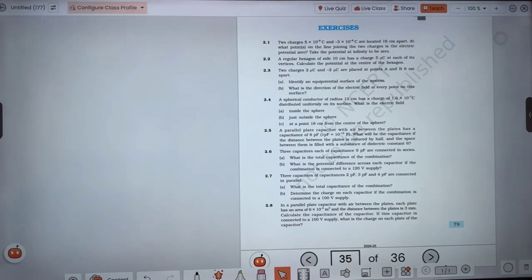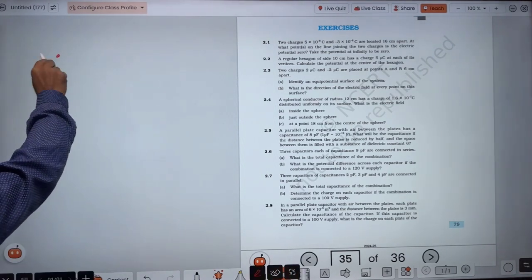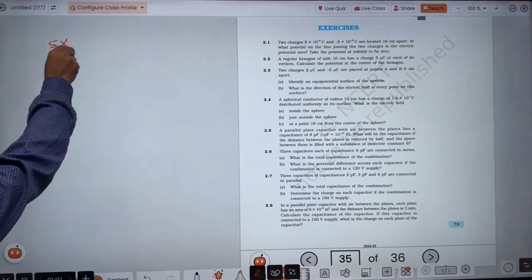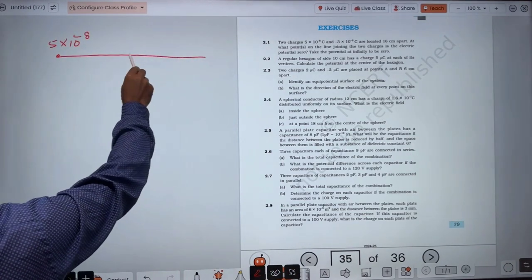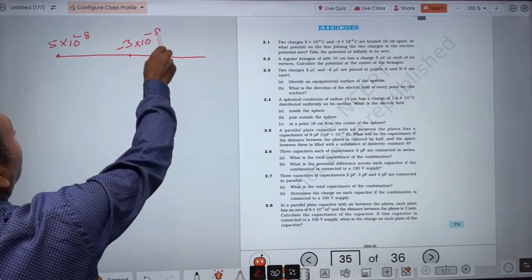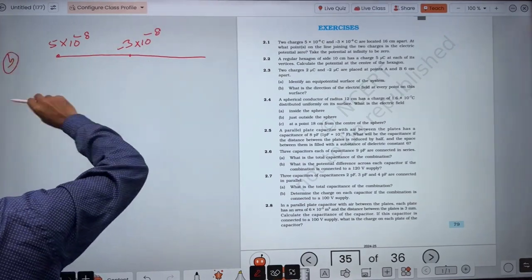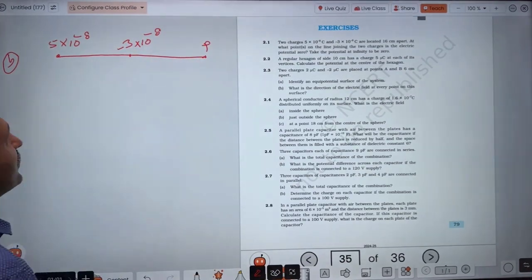Let's take another case. It may happen that this charge is here, 5 into 10 to the power minus 8, and the line joining here, the second charge is here, minus 3 into 10 to the power minus 8. This is the second case, and P is that point where potential is 0.